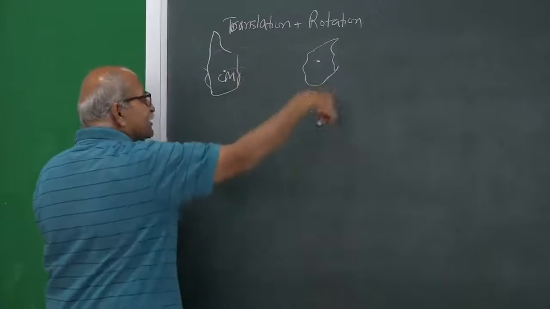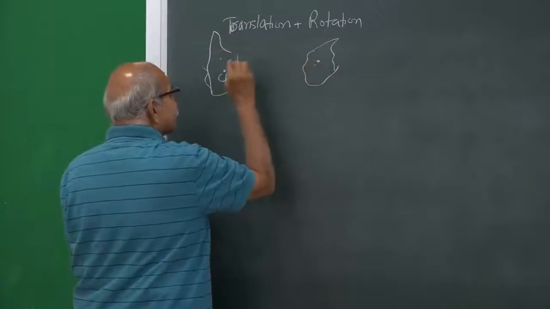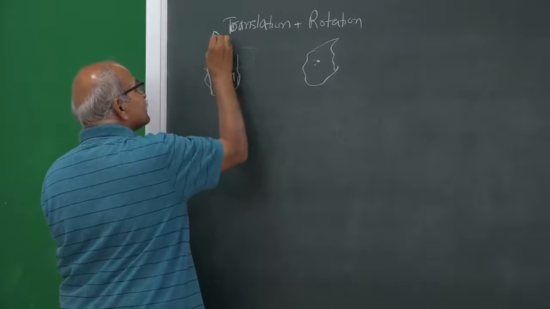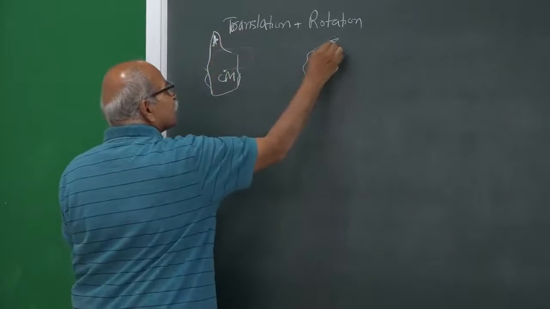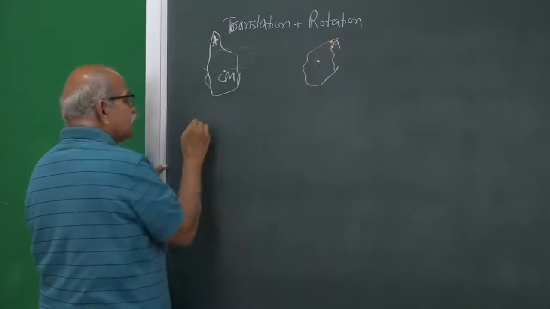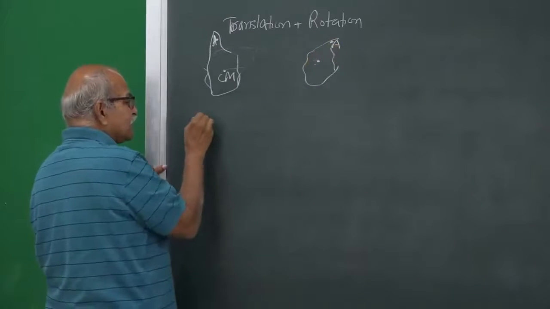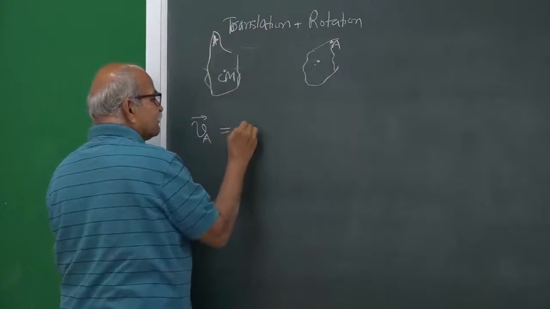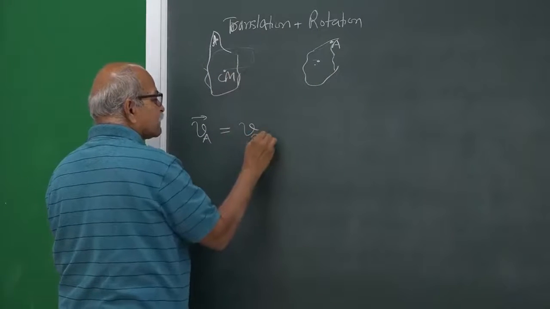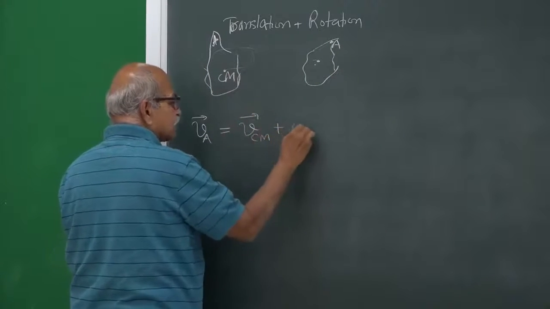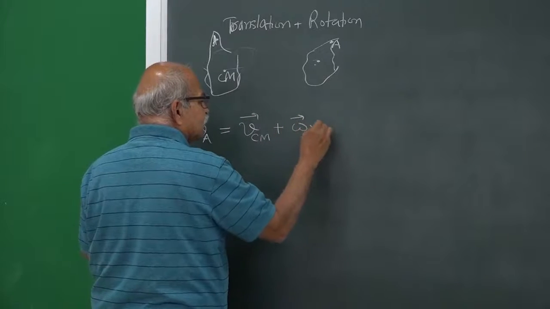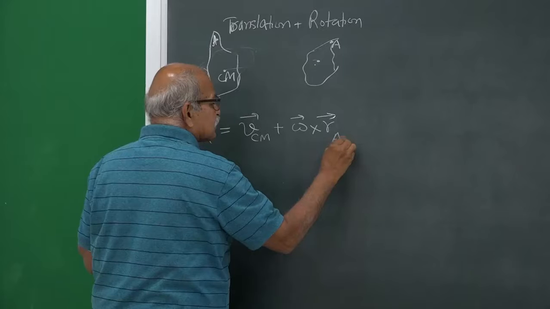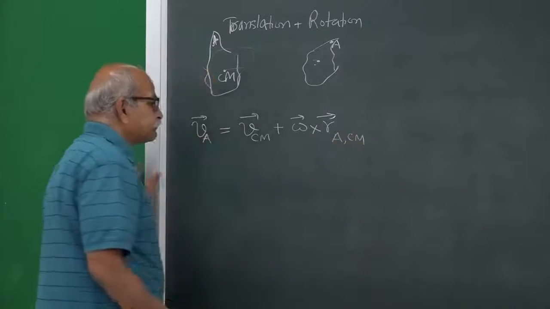It has rotated as well as translated. Consider any particular point, let us say this point, and this point reaches here. So, the velocity of this point at any time can be written as the velocity of the center of mass plus some omega times the position vector of this particle with respect to that center of mass frame.